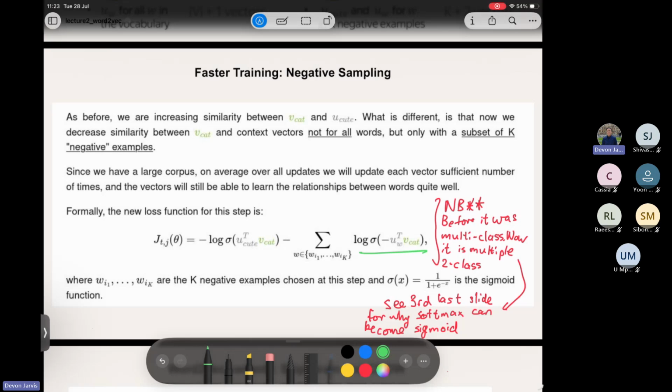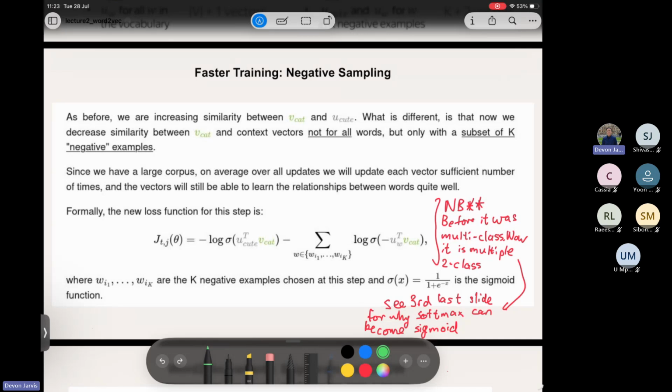We need to pull those down. That's why we now have the negative inside of the sigmoid. We want to make them dissimilar. So I wrote the note there: before it was multi-class, now it is multiple two-class or binary decisions. I wrote that derivation on the third last slide, but if you've all seen it, then we don't have to do too much of that. But it's good just to jog your memory.